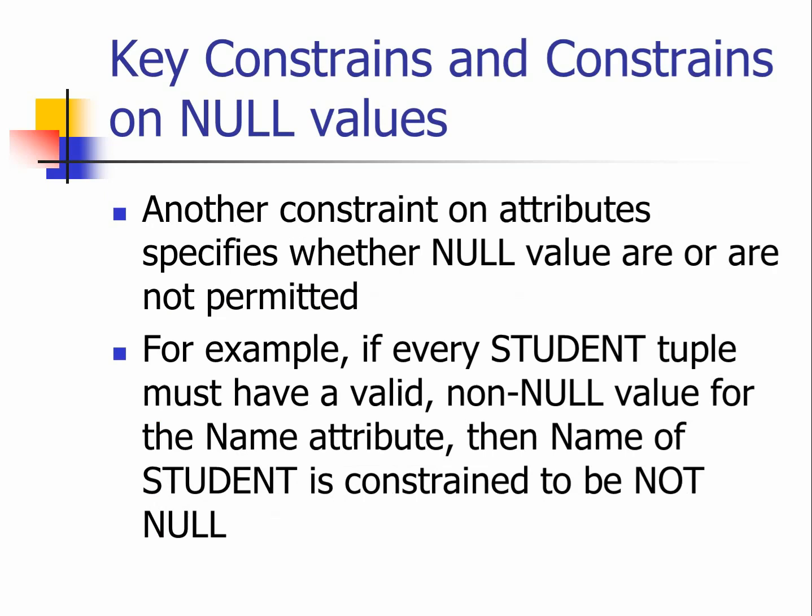Another constraint on attributes specifies whether null values are permitted or not. If you are defining a primary key, the attributes cannot be null already. At the same time, you can still say, for example, that student name cannot be null. Those are the things that we see when we apply for a credit card on the internet.